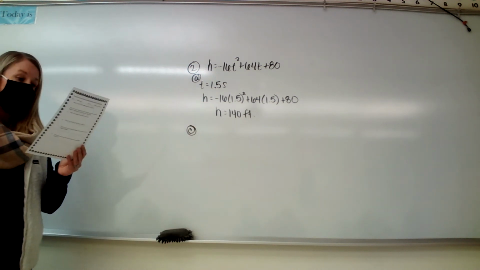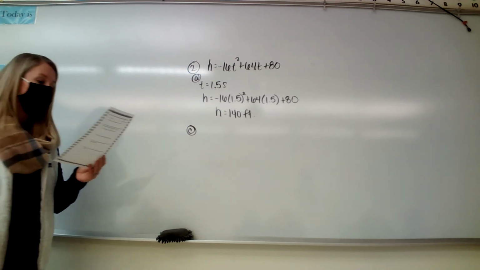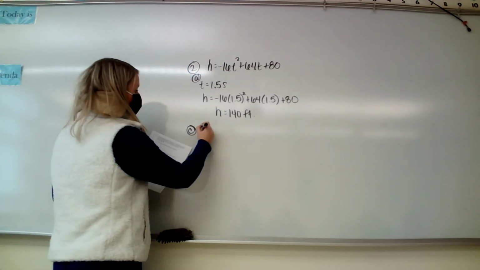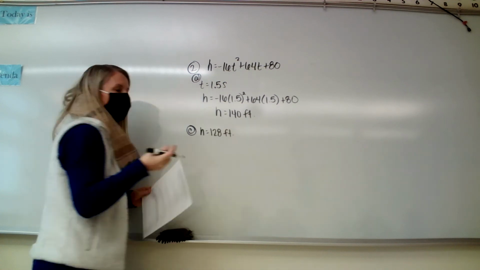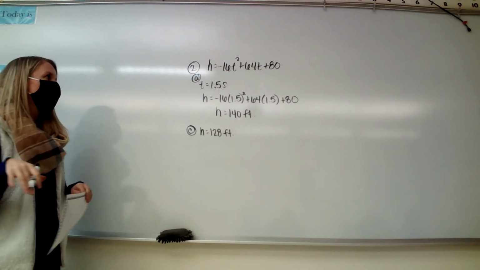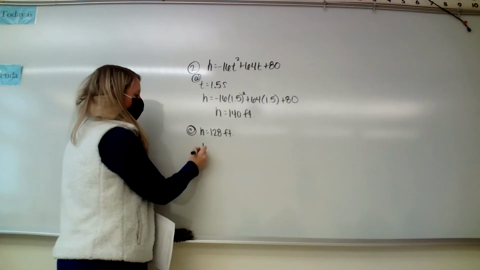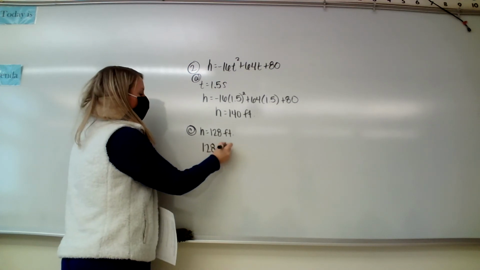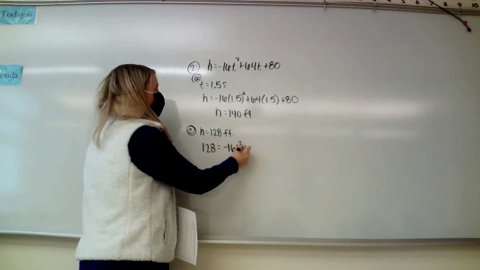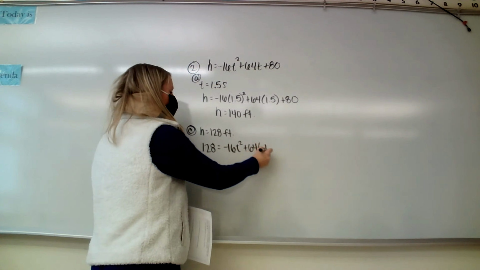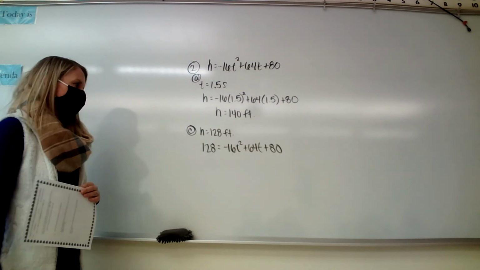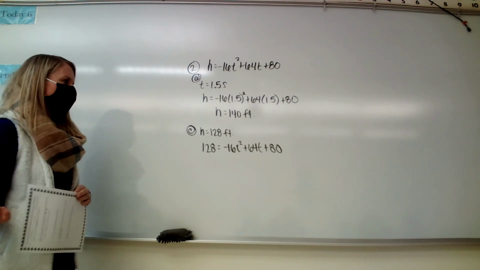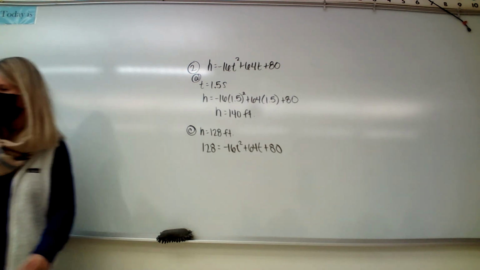How long will it take for the rocket to hit 128 feet? So I want h to be 128. I just replace it in my equation and then solve. So I'm gonna have 128 equals negative 16t squared plus 64t plus 80. You have a lot of options, but when I see bigger numbers, I don't feel like dealing with them.